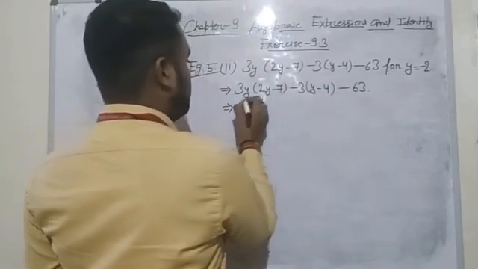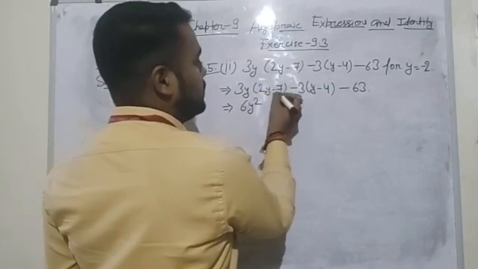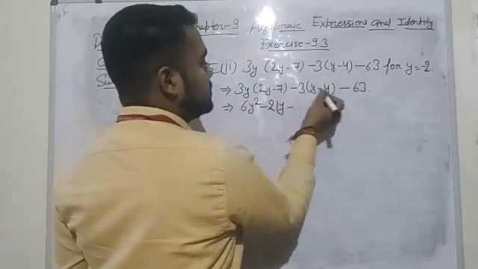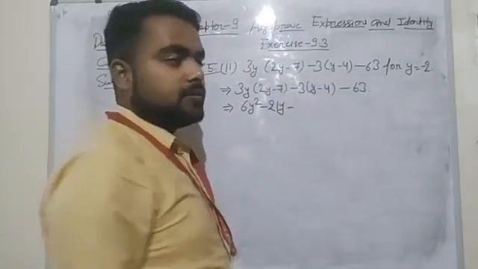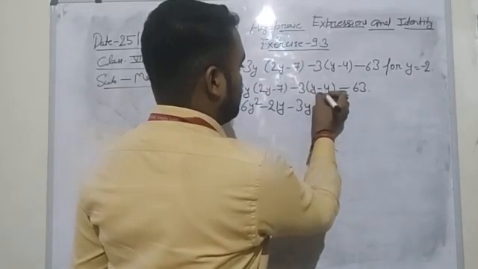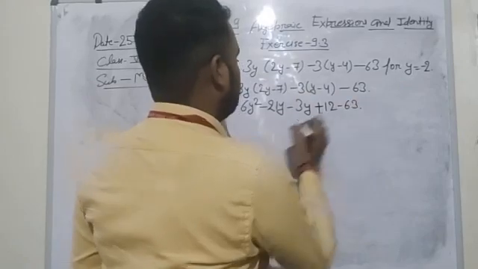So 3y into 2y, that is 6y², minus 3y into minus 7, that is 21y, and minus 3 multiplied by y gives minus 3y again, and minus 3 multiplied with minus 4 gives plus 12, minus 63.